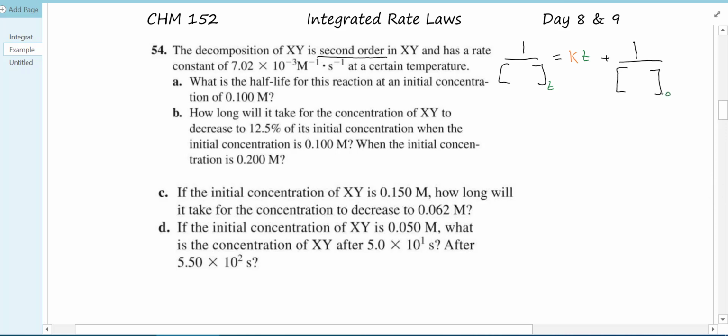I like to write this out just so we know what formula to use. And then we actually have a t1/2 formula here too, don't we? t1/2 is going to be equal to 1 over k times the concentration of XY.